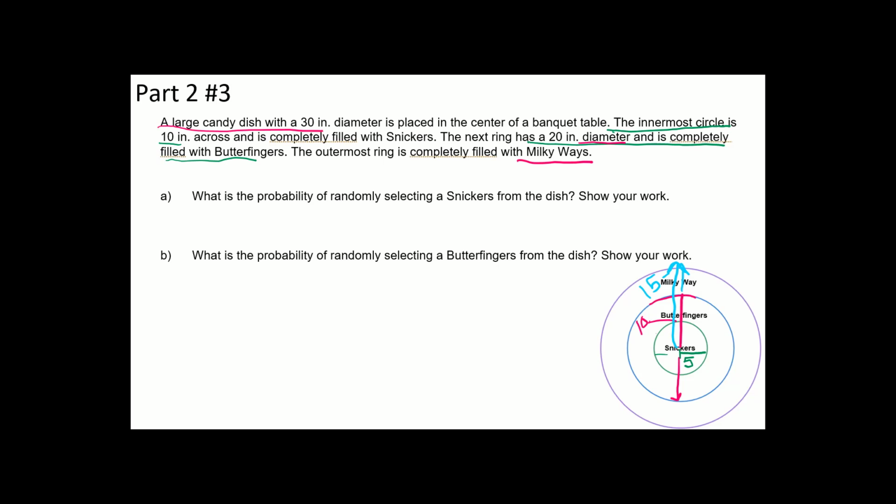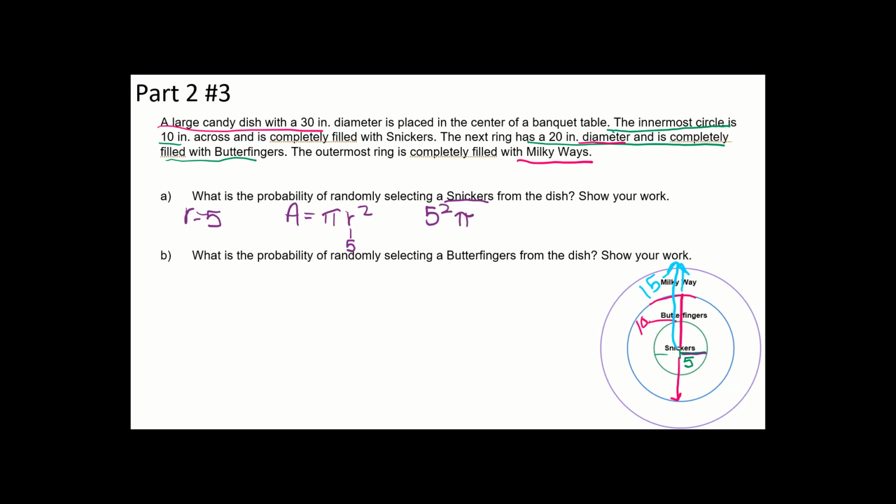All right, so we're looking at the circle where the Snickers are. The radius is 5 because the diameter was given as 10. The area of the circle is pi r squared, and we said the radius is 5, so the area of this circle with the Snickers in it is going to be 5 squared times pi.